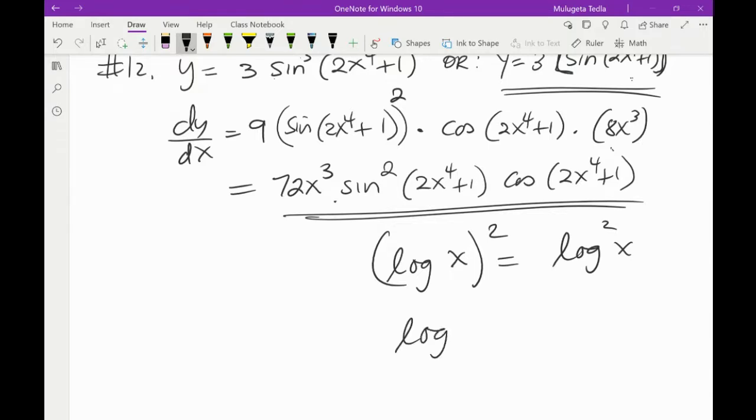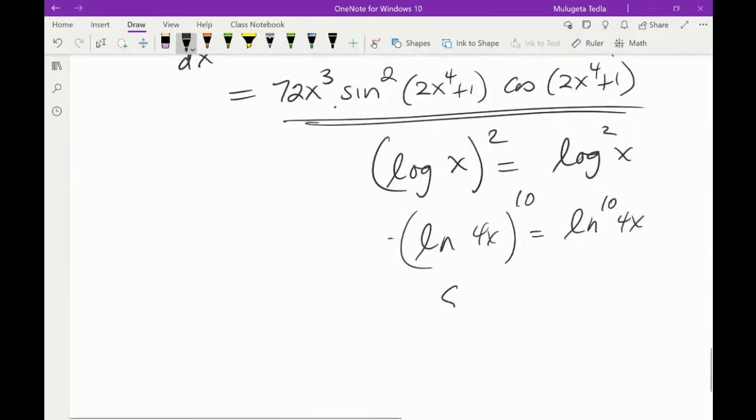So log of x to the 10, or ln 4x to the power of 10, is represented as ln 10 4x. It's very common. The sine to the power of 10 2x.